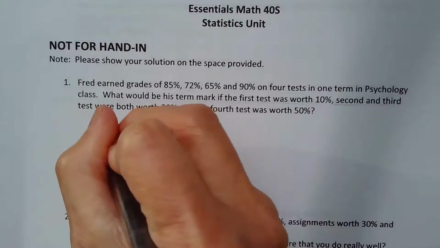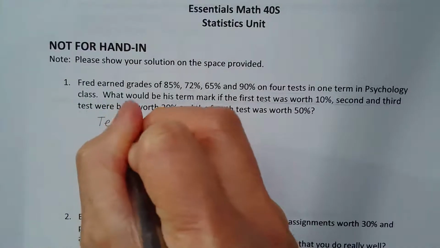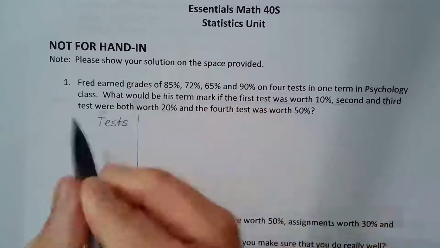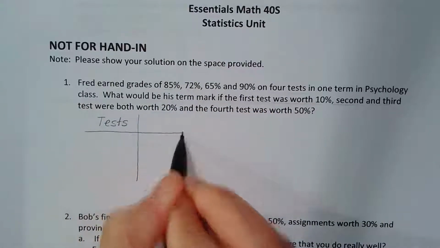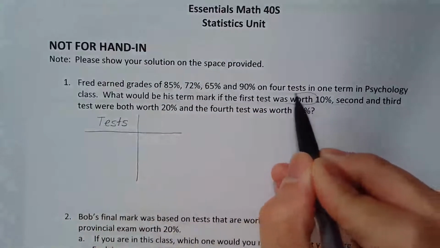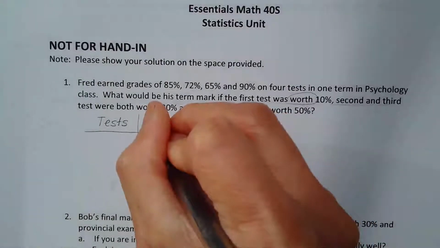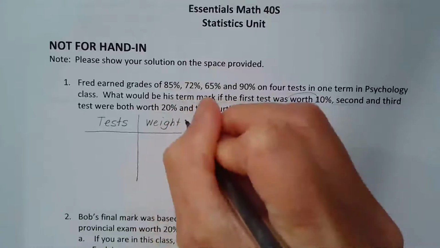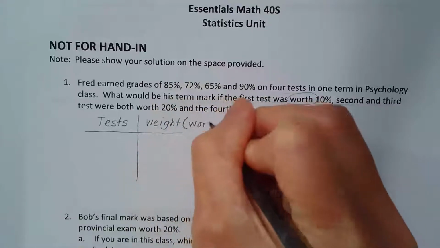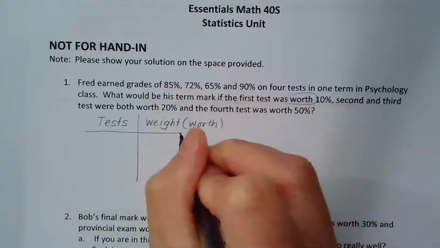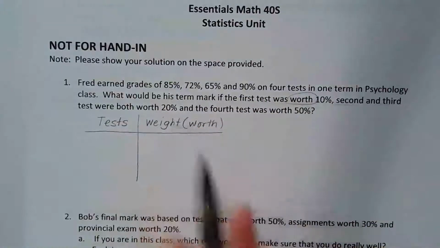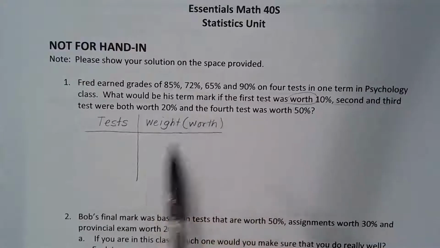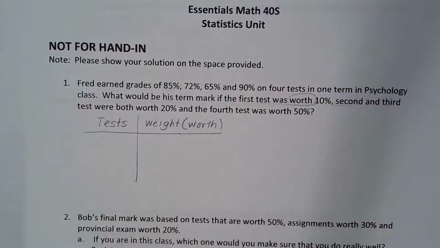So these are the tests. I'm just going to write down tests. The question used the word worth, and the word worth is the same thing as the weight of the test. So I'm using the words weights and worth on this one so that we know what that means.